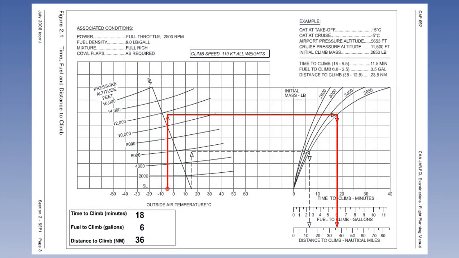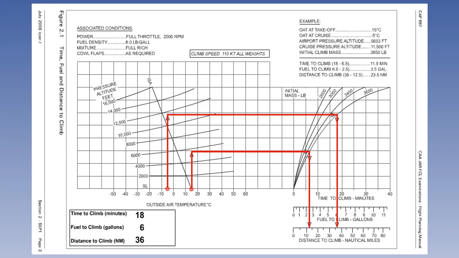So now we start going through the graph again. Enter the graph at the airfield outside air temperature of 15 degrees and go vertically upwards to the airfield pressure altitude of 5,653 feet. Again, interpolate as best you can. From 5,653 feet, go horizontally to intercept the initial mass of 3,650 pounds.